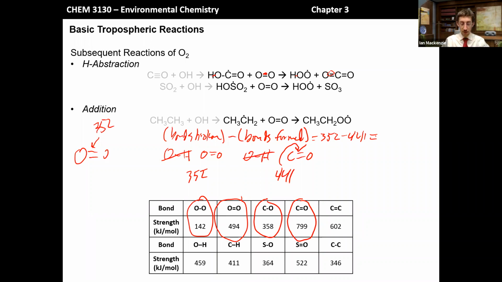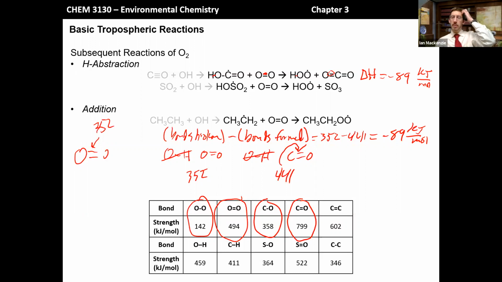But 352 minus 441 is negative 89 kilojoules per mole. So I can say, oh, this top reaction should be favorable because it's exothermic by about 90 kilojoules per mole. So that one seems favorable.